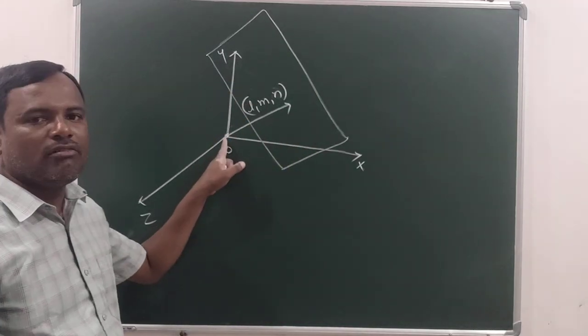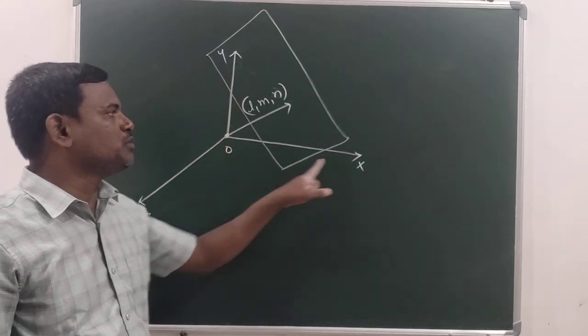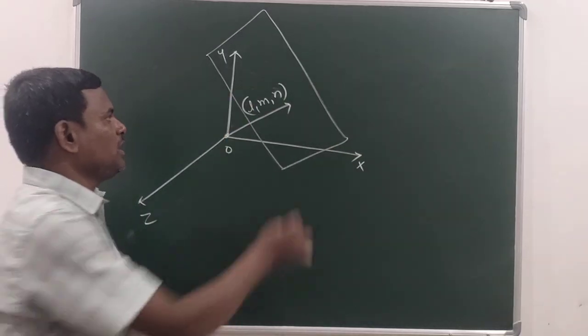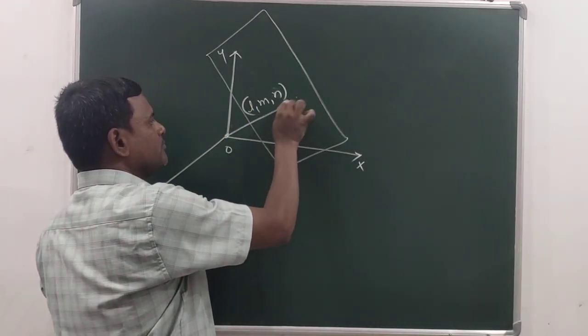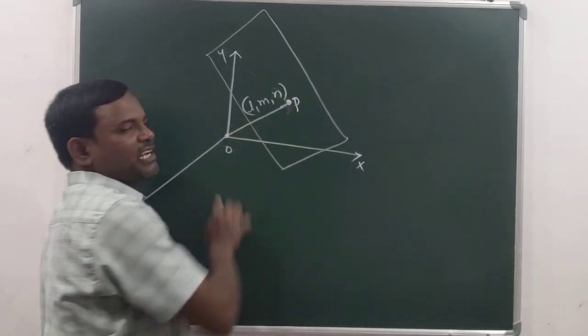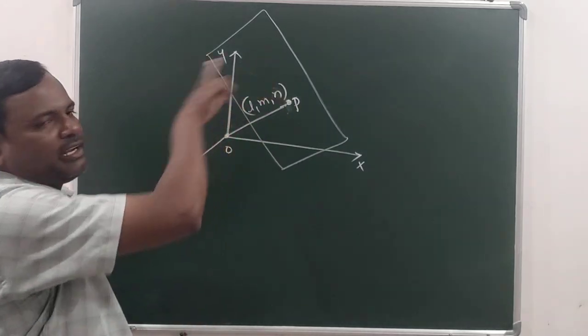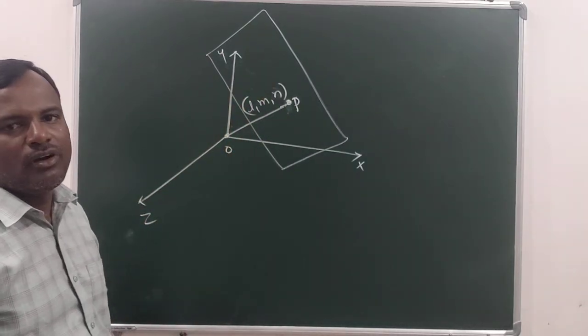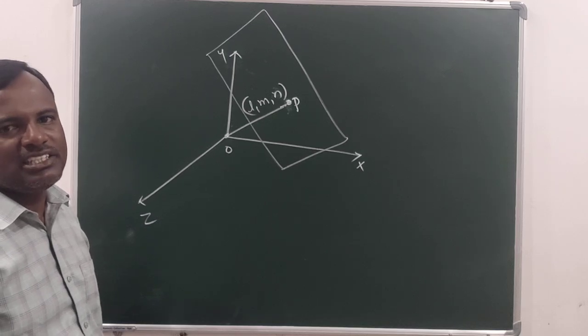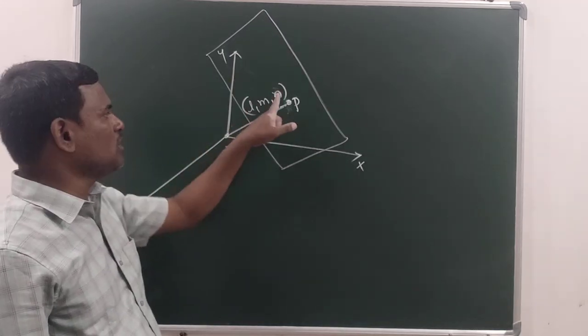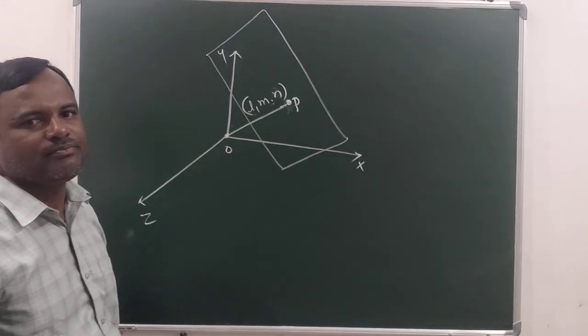So here we have drawn a perpendicular from the origin to this plane. Let it be OP. OP is the perpendicular distance from the origin to the plane, whose normal DCs are given. This is a plane whose normal DCs are L, M, N.